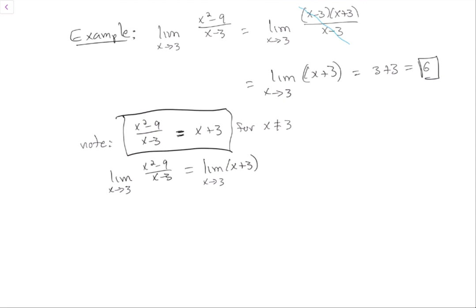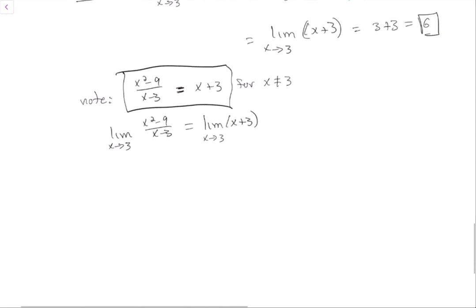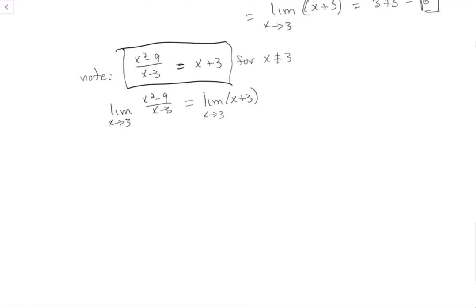So usually at this point, if we say something along the lines, right, if some function f of x simplifies to a different expression g of x, then the limit of f is equal to the limit of g as x approaches a.